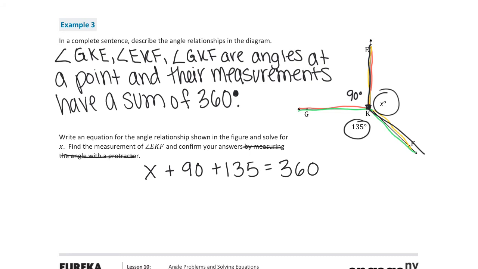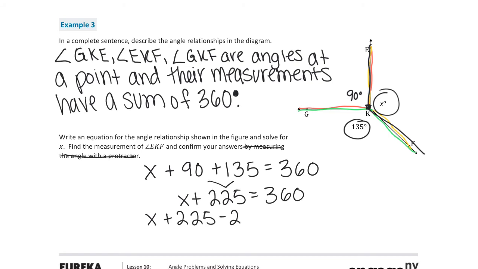So now when I add what I know together here, 90 plus 135, I'm going to get 225. So now I have x plus 225 equals 360. Now to get x by itself, I'm going to take away 225 from each side. So I have x plus 225 minus 225 equals 360 minus 225.